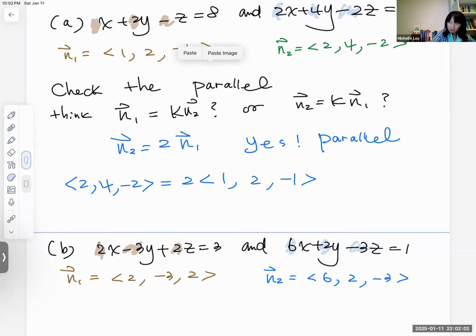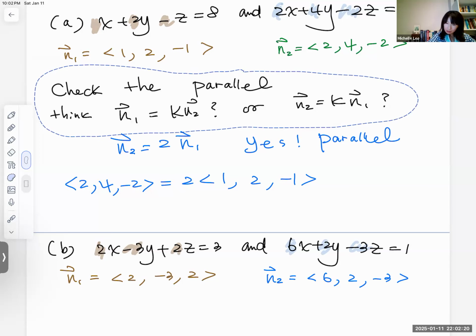Let me just copy. Last problem hanging there. I know, so tired, right? Come on, let's do it.